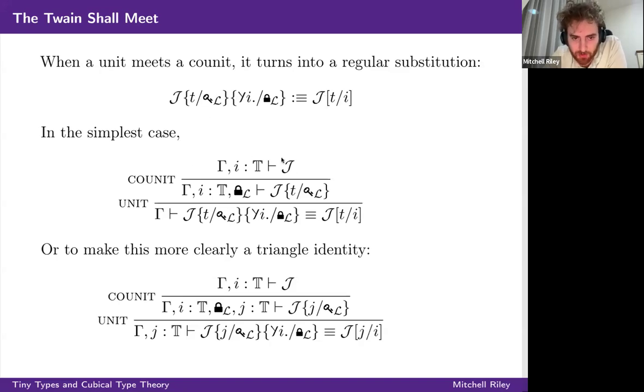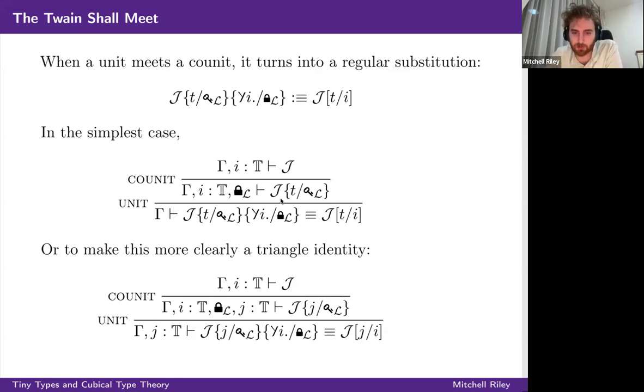So writing out the derivation trees here, say we've got some judgment which uses this assumption I, and then we use some term to get it out from behind this lock, and then the unit lets us kill both this lock and this assumption at the same time. Then the result is we just take the original term and we substitute the t that we used to unlock the judgment j in the first place.